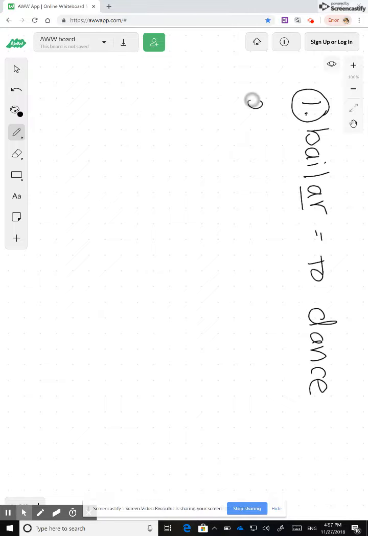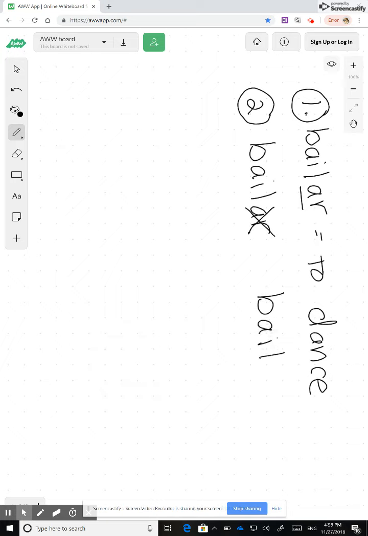Okay, step 2, we are going to remove the AR ending. So we have bailar, and we're just going to remove this ending. So then we're just left with bail. And our next step is we are going to write that verb without the ending.